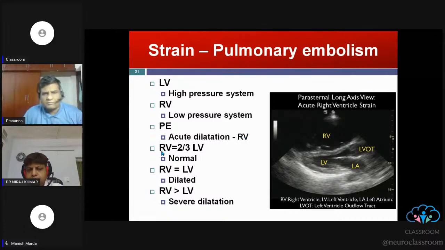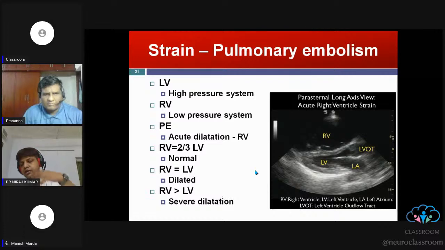The normal size of the right ventricle is about 2/3 of the left ventricle, or you can say the ratio is 0.6 to the left ventricle. But in case of right ventricular dilatation, the right ventricle becomes equal to the left ventricle. And if the right ventricle size is more than the left ventricle, that is a sign of severe dilatation.